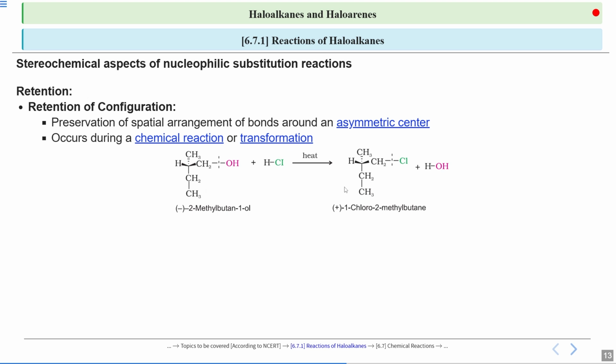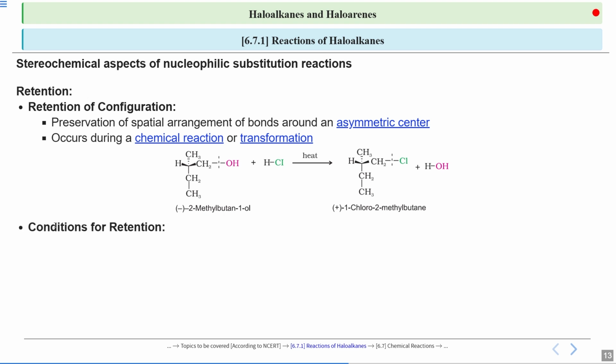The same spatial arrangement of bonds is present in the product around this asymmetric carbon: one CH3, one hydrogen, CH2, CH3, and this CH2 with chloride. So the spatial arrangement of bonds around the asymmetric center is the same even after formation of the product, and this fact is known as retention of configuration.